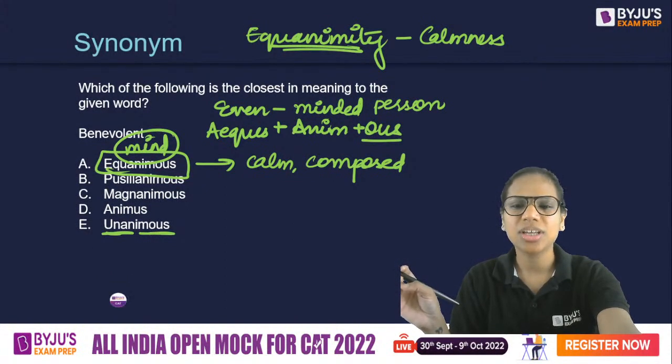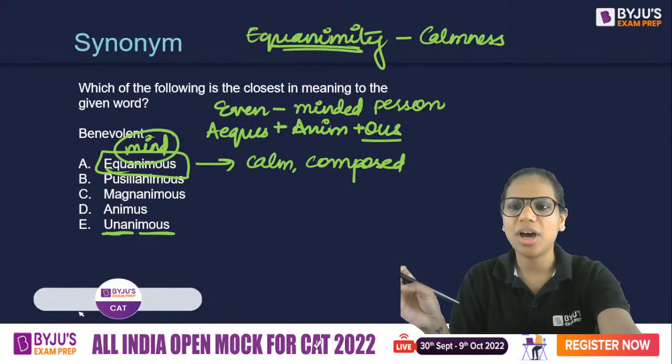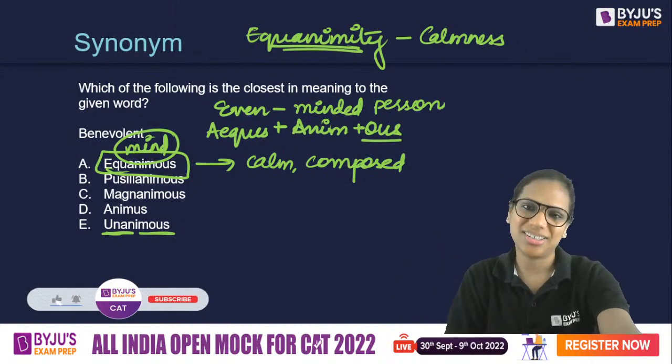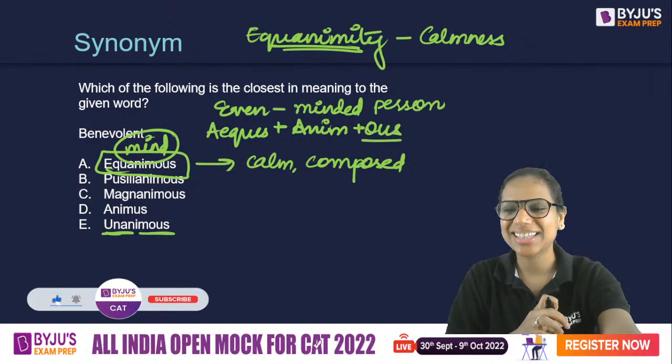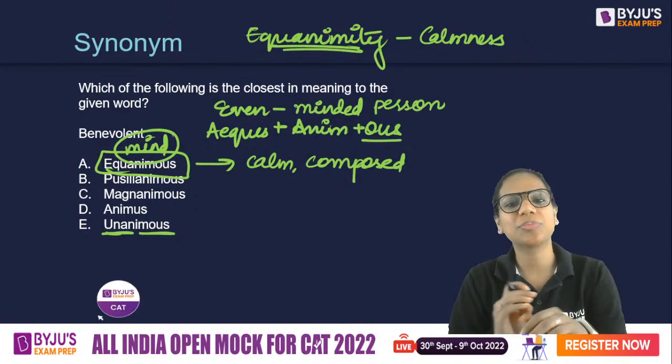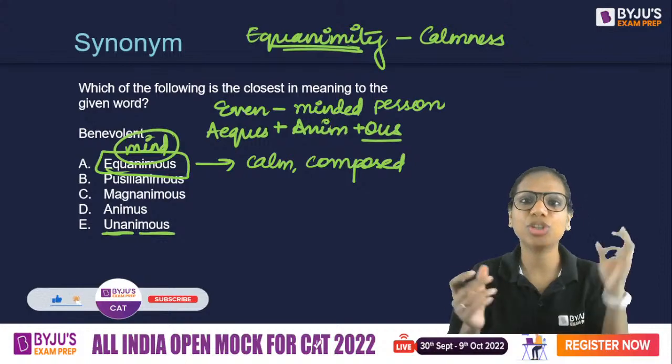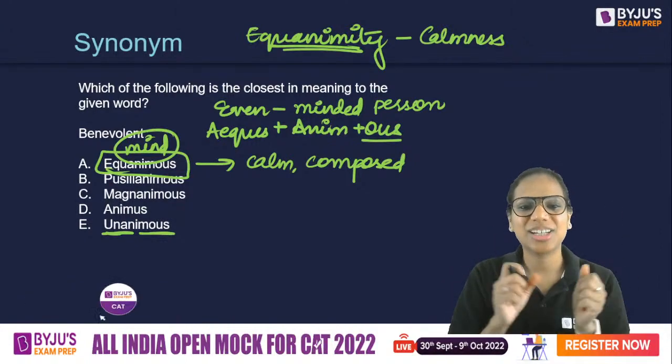Yes. So in one voice. In one voice. Very good, Varun. Good, good, good. That you're making use of the words that we learned in the previous classes. Good. So a unanimous response to something is in one voice. Okay, with one mind. That is the etymological meaning.